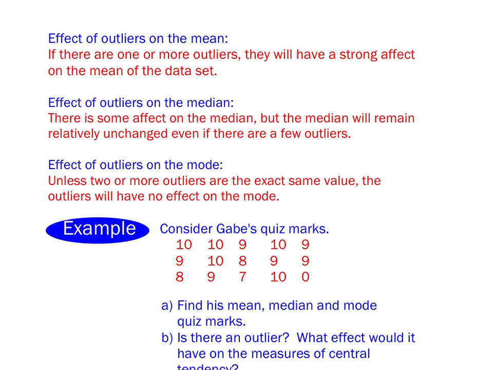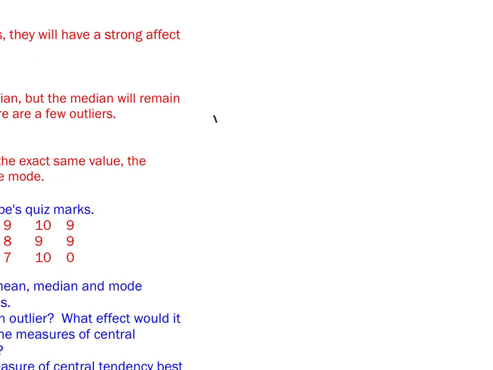So, hypothetically speaking, if Melanie scored 10, 9, 10, 9, 10 on all of her math quizzes, okay, and then she gets a 4. Well, obviously the 4 is the outlier.